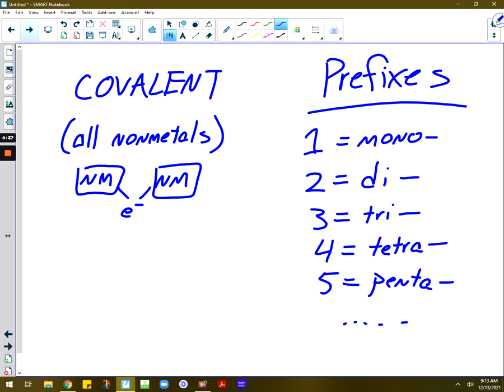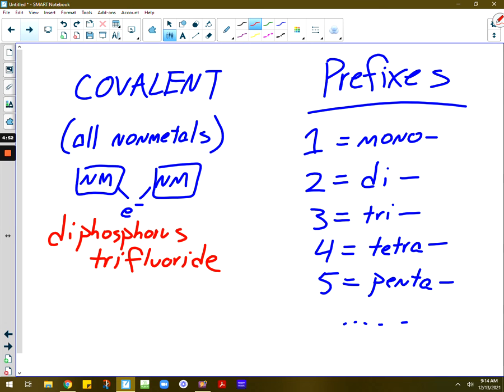And so all you have to worry about, if I've got something like diphosphorus trifluoride, you look at your prefixes. Di here means 2, so for my phosphorus, I'm going to have 2. Tri means 3. So it's just like that.